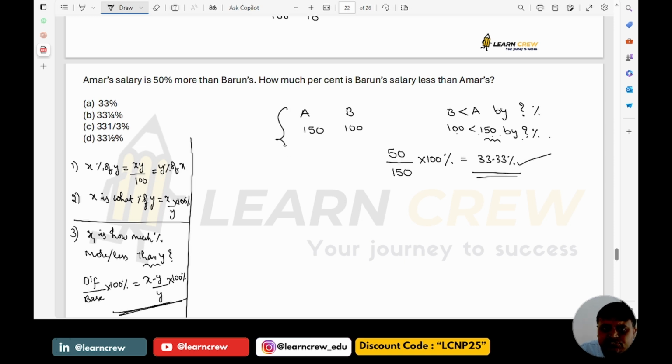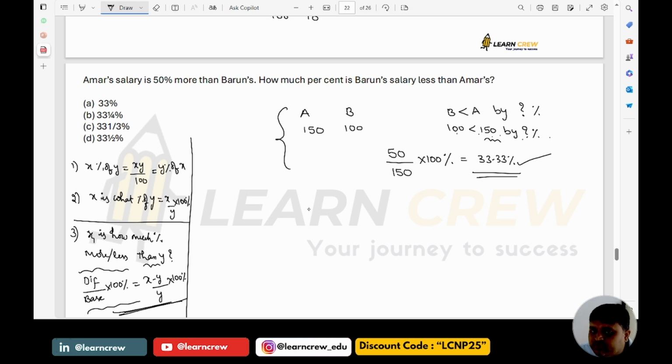This is one procedure, the basic procedure by using this concept. So one value is how much percent more or how much percentage less than the other value: difference by base value into 100. This is the application. And the same kind of model can also be solved with other methods.